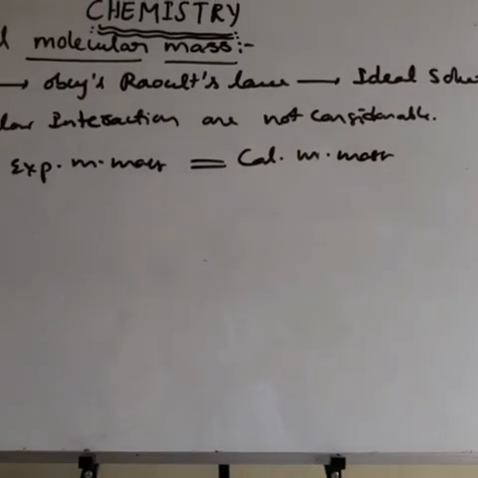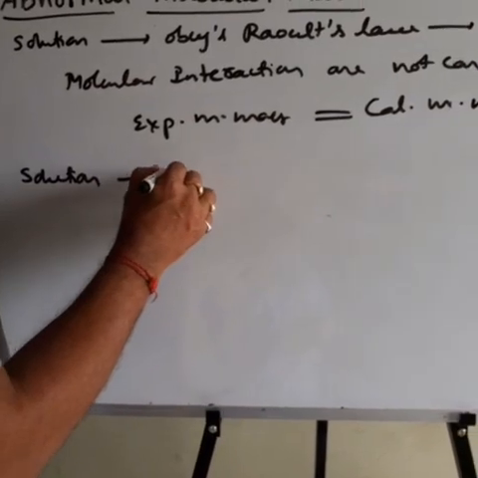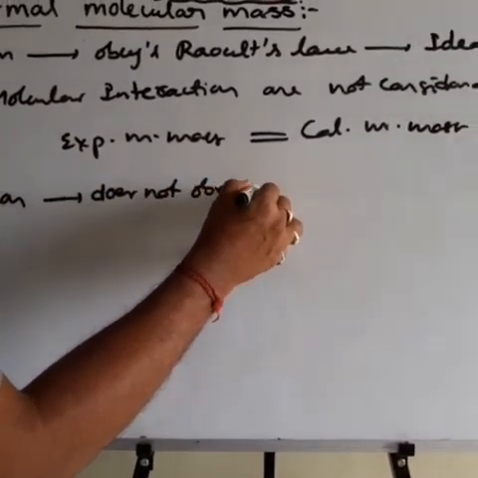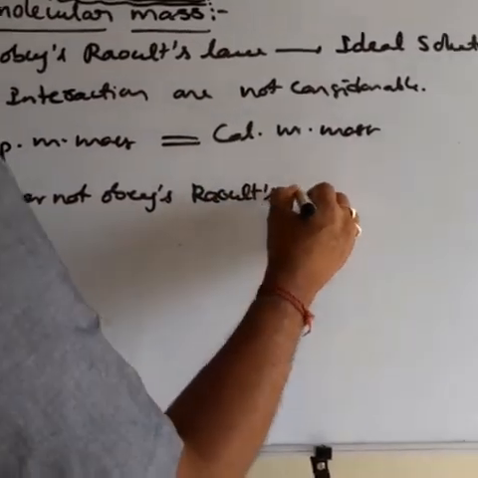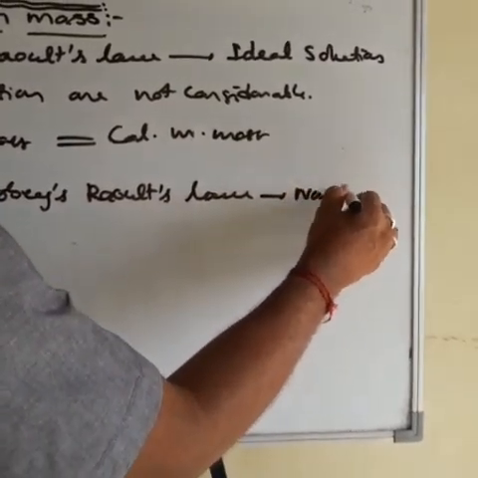But in the case of the other solution, which does not obey Raoult's law, the type of solution is called non-ideal solutions.